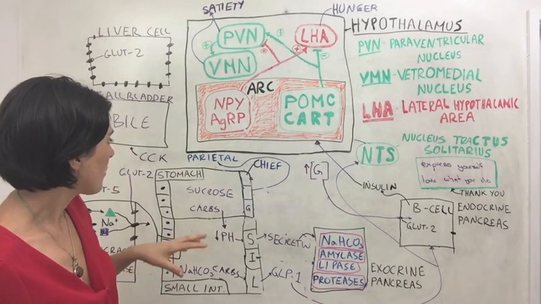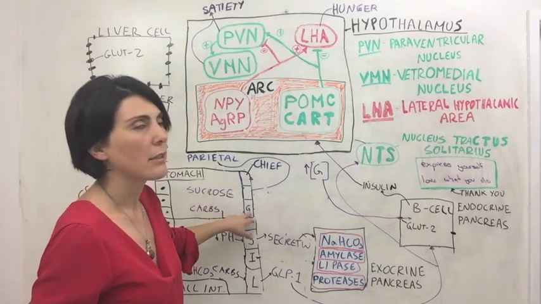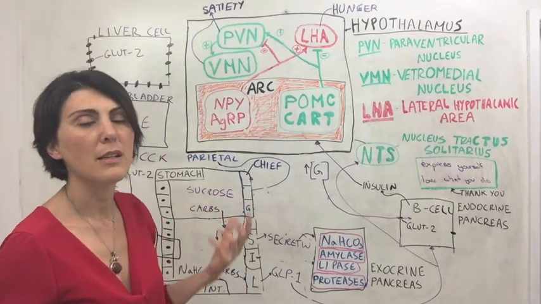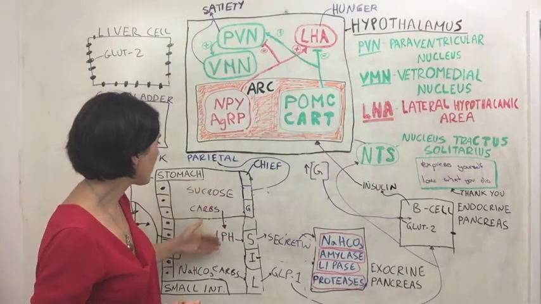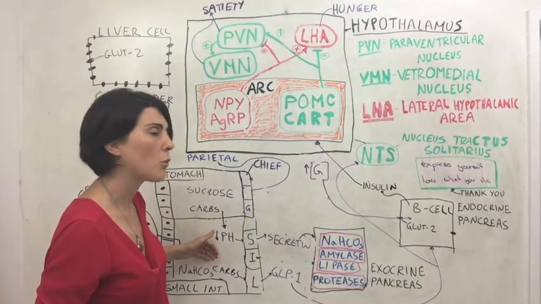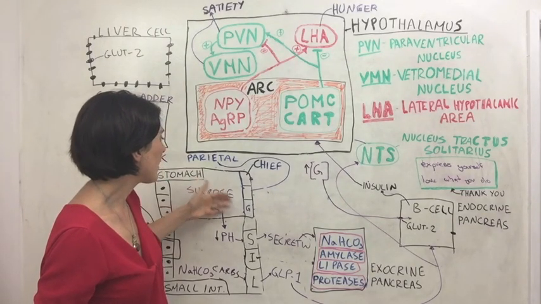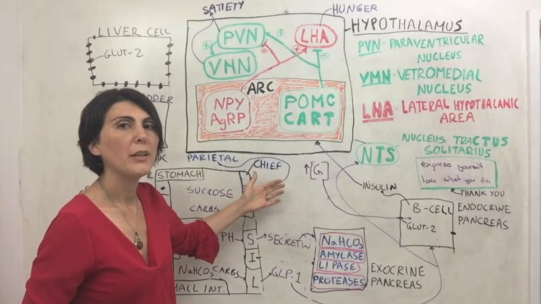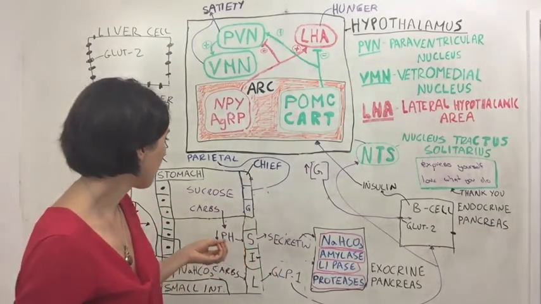Okay, so let's have a look. What will be happening in the stomach? The main inhibitor of ghrelin release is glucose. Now there's not going to be much glucose because the gastric emptying is going to be quite quick. So the person's going to start secreting ghrelin a lot quicker than if they had consumed a complex carbohydrate.